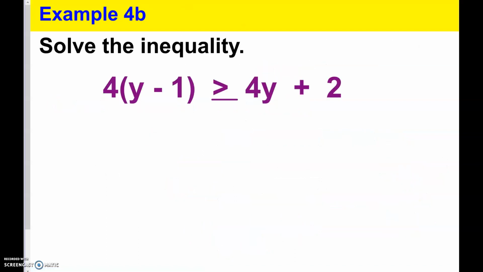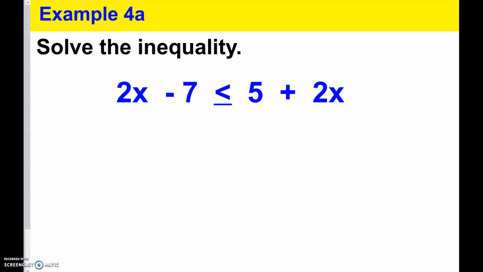All right, the second kind of thing that we're going to talk about is when we still get our x's together, our variables together, and there are going to be some special situations that happen here. So if I want to get my x's together, well, we've got 2x on one side, 2x on the other side.